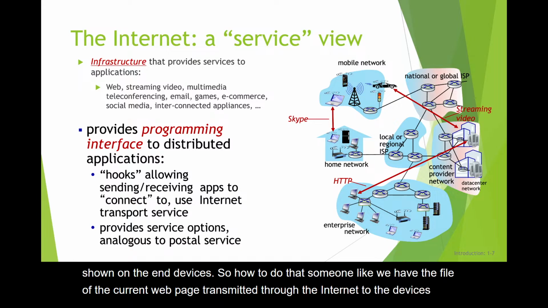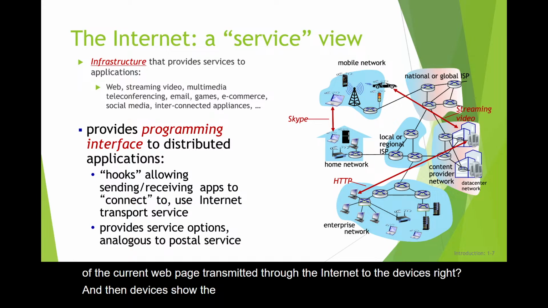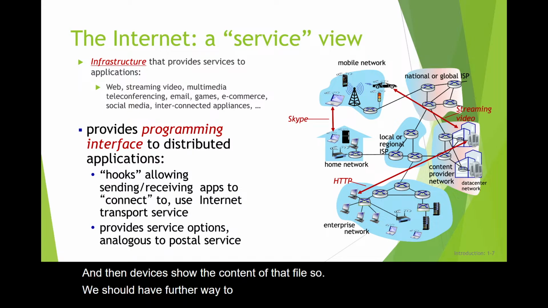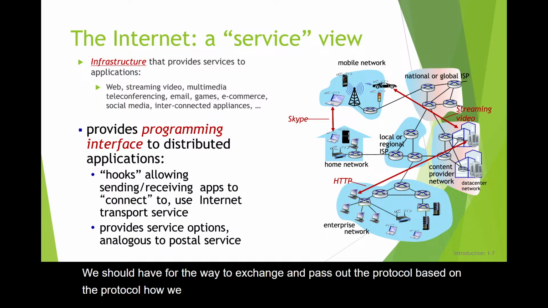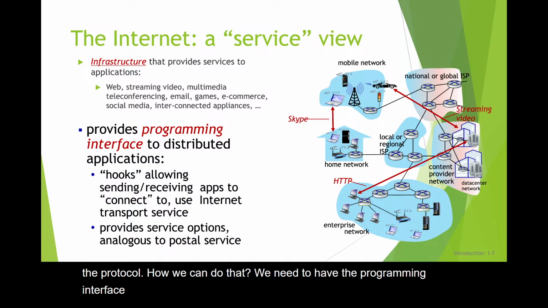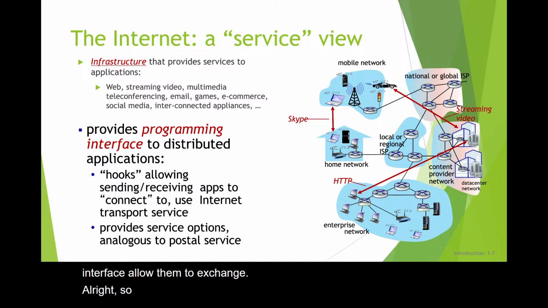And then devices show the content of that file. So we should have the way to exchange. And based on the protocol, how we can do that, we need to have the programming interface allow them to exchange. All right, so how to provide that way to share the message.